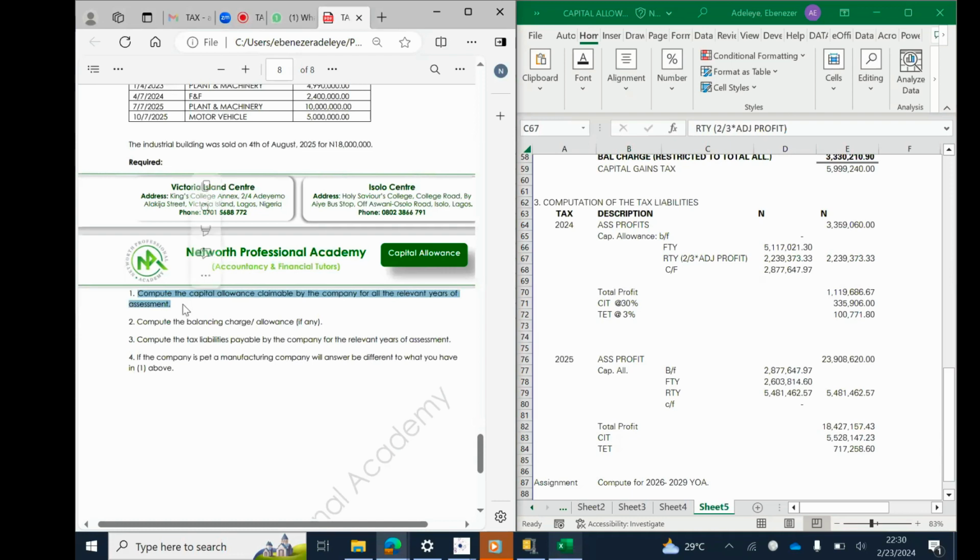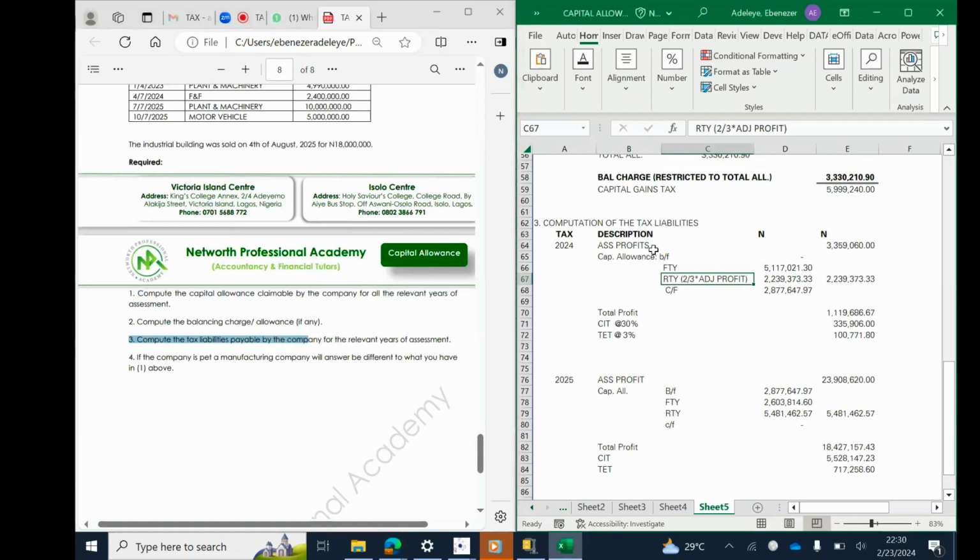But based on what we discussed, if it's a manufacturing company, then the tax liability will be affected. For instance, in 2024, the total allowance is more than the profit. It means that the allowance will swallow up the profit because it's a manufacturing company, so we have to allow everything. So there won't be any CIT. It's only TET that you will have. Do you get what I'm trying to say now?